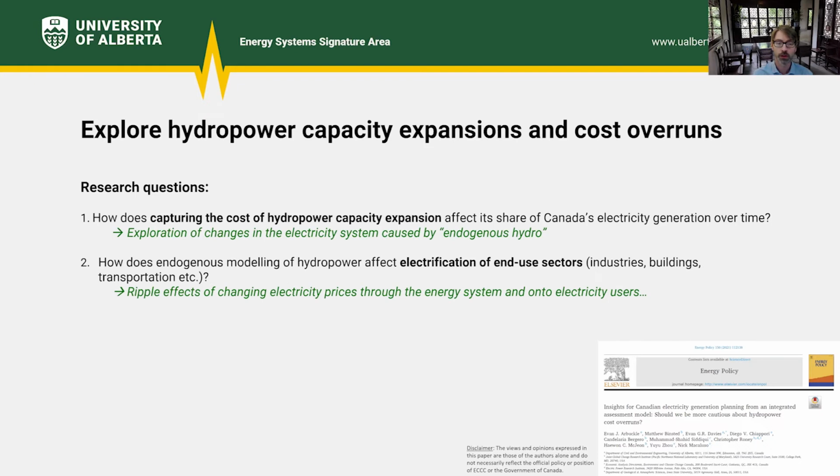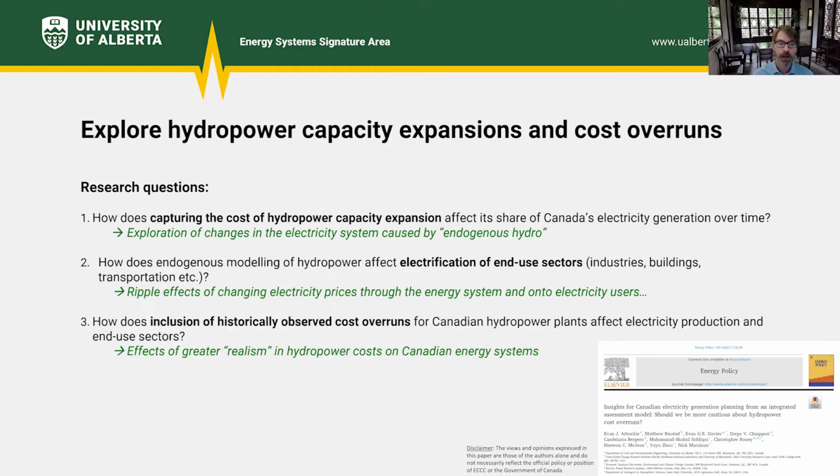Secondly, how does endogenous modeling of hydropower affect electrification of end-use sectors? So the demand for electricity in industry, in buildings, in transportation, electric vehicles, and so on. And here we were looking at the ripple effects of changing electricity prices through the energy system and onto electricity users.